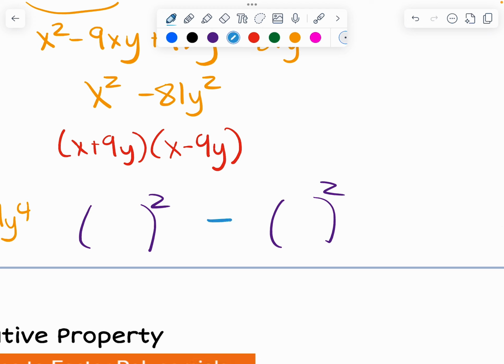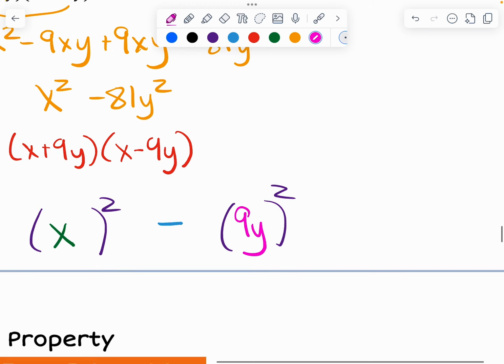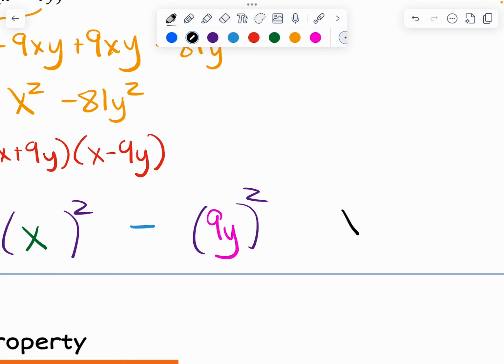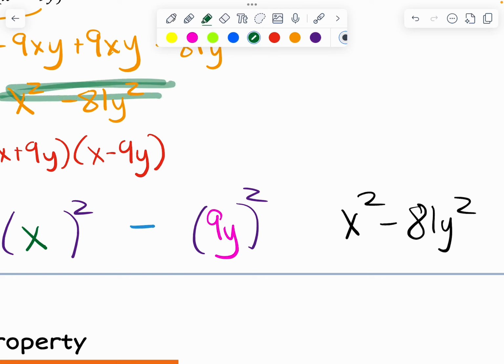So, I have x, I have 9y, and that would give me x squared minus 81y squared. And again, I didn't mean for it to be that color. One more time, these are exactly the same, whichever way you decide to do it.